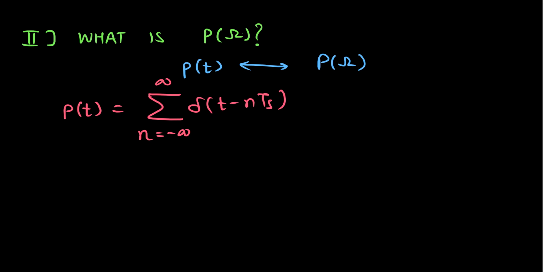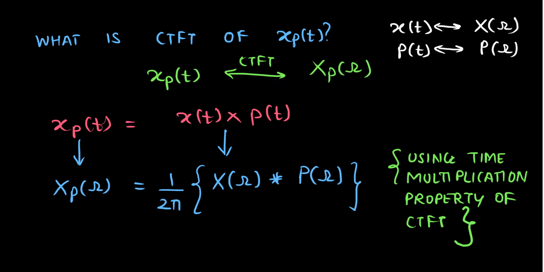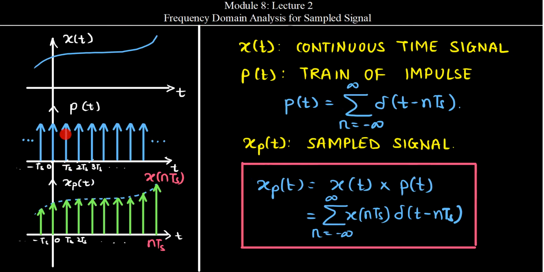Now if we observe this equation carefully, this is basically a periodic signal. If we observe it graphically also, we see that this impulse is repeating after every Ts duration.